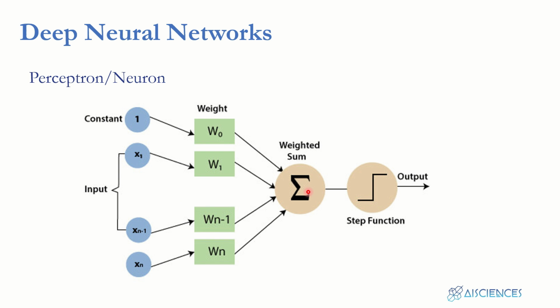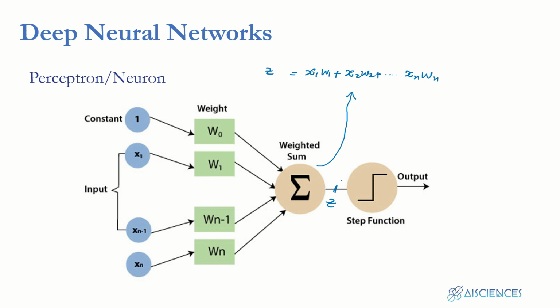So let me write that here. What happens basically is this: x1 W1 plus x2 W2 plus so on, xn Wn. So this is basically what this summation unit is doing. And this summation unit produces one output. Let me call that Z, and this output is here, Z.